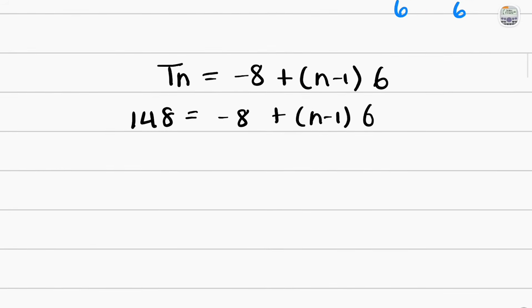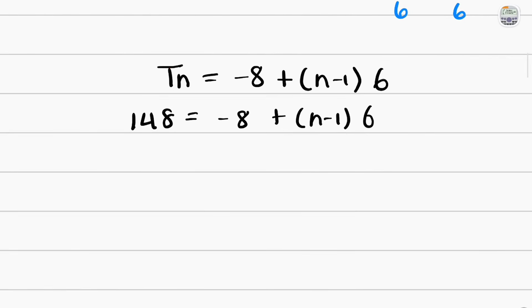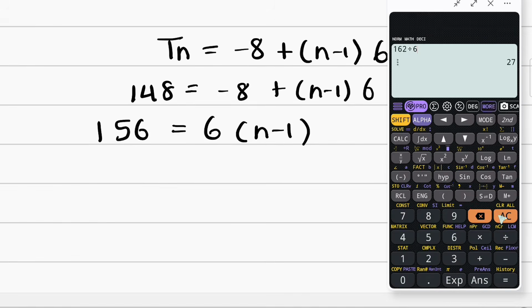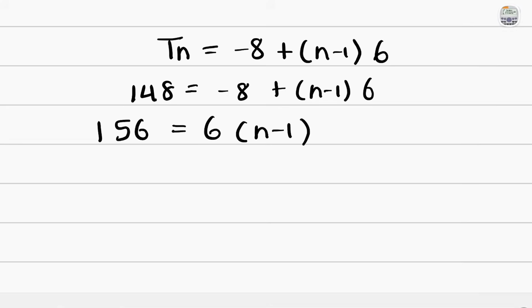If we transpose that, it becomes positive, so 140 plus 16, which is 156, is equal to 6 times n minus 1. And then we can just divide both sides by 6, and 156 divided by 6 is 26.